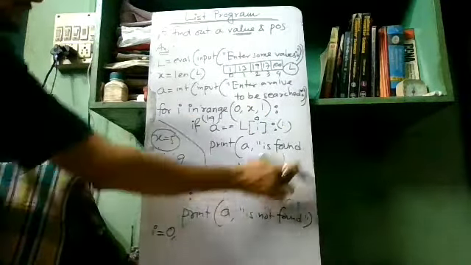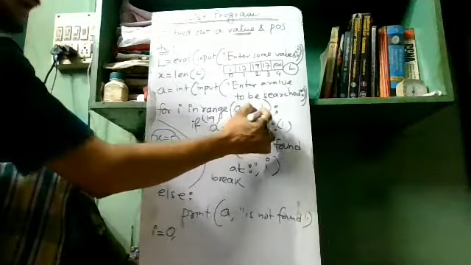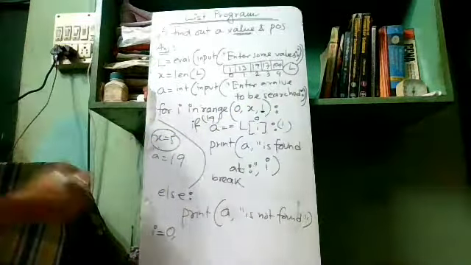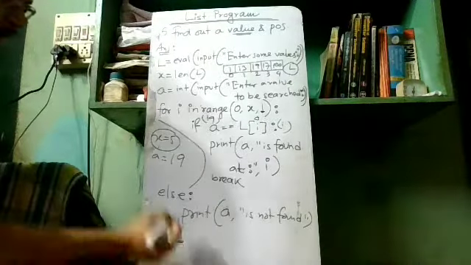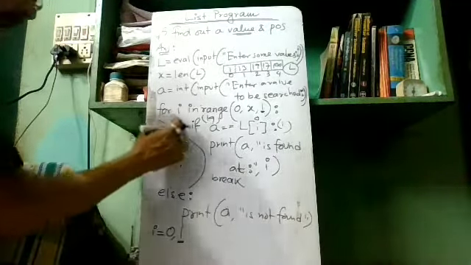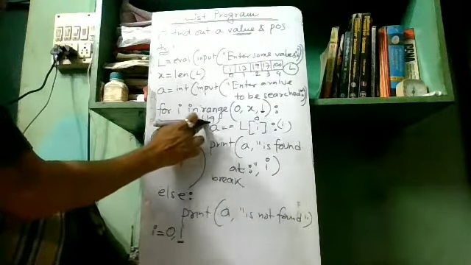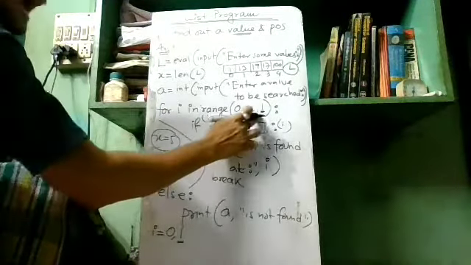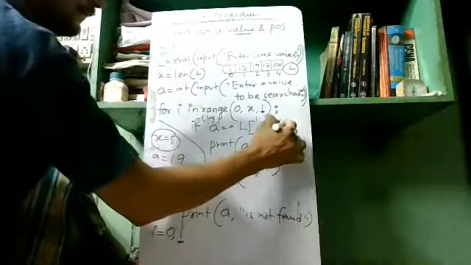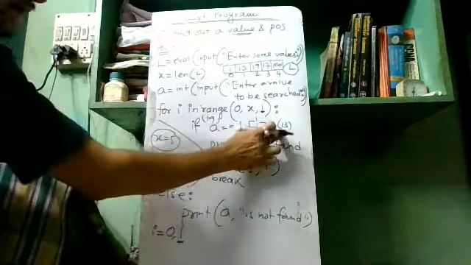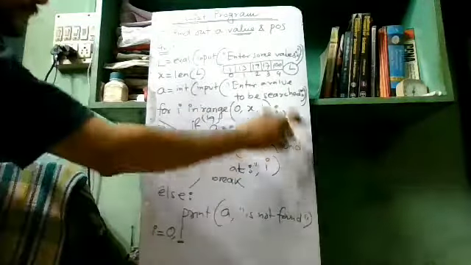Then the loop will circulate and the value will be incremented by 1. So now I will be 1. We will come again into if. A means 19. Now I means 1. L1 what? 13. So 19 equal to 13? No. Again the loop circulates.